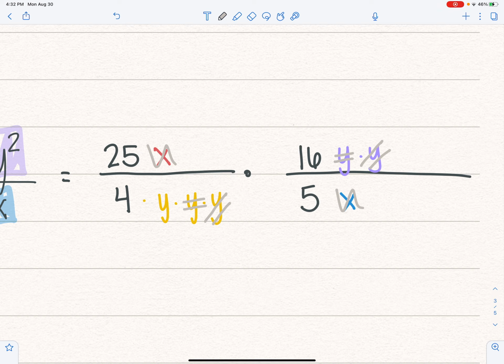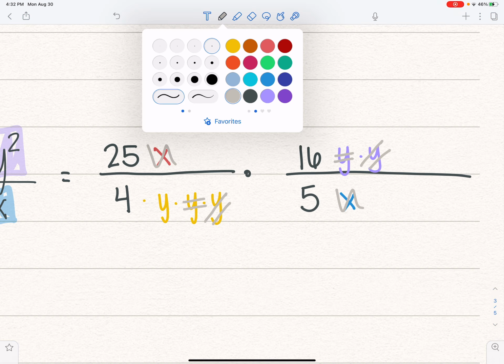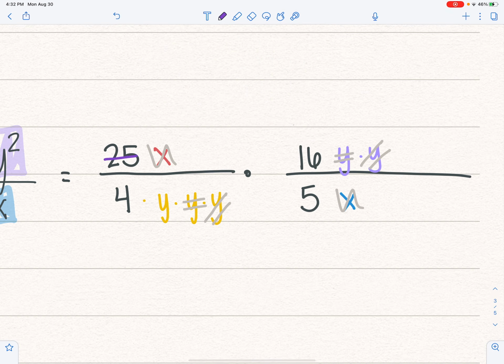Now I want to look at my numbers because you're probably more comfortable with numbers anyway. I'm not going to write them out in the prime factorization, but we do know that I could divide 25 and 5 by 5 and that gives me a 1 right there, and I could divide 25 by 5 and that gives me a 5 right there.